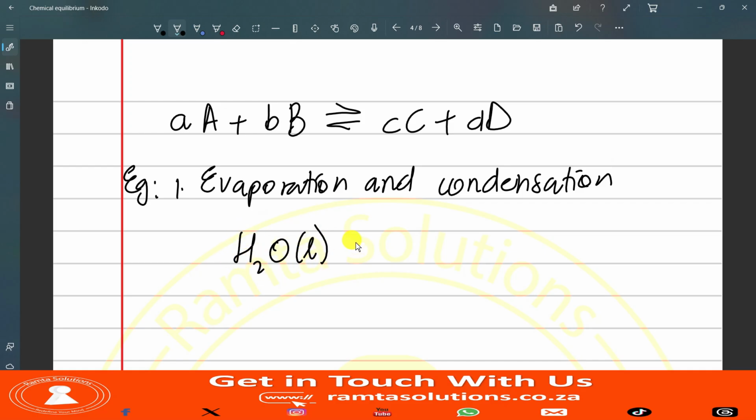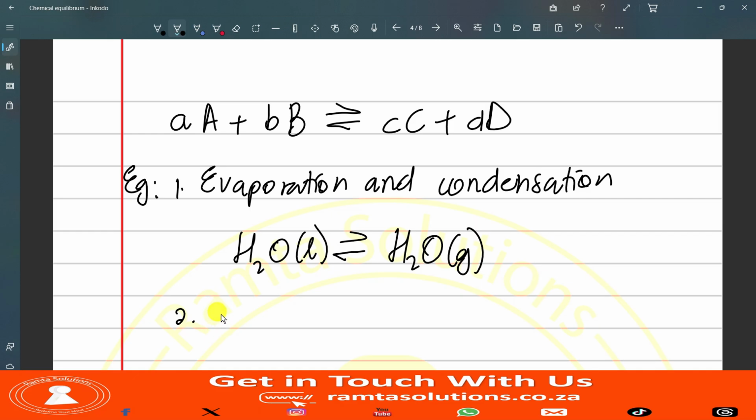When it evaporates, it will form gaseous water, which you call water vapor. In the same way, water vapor can condense to form liquid water. Do you guys see that? This is a reversible reaction.